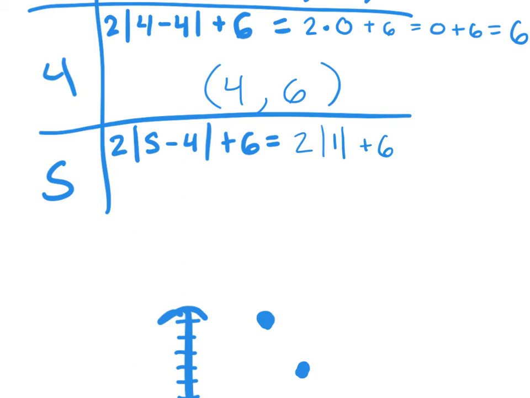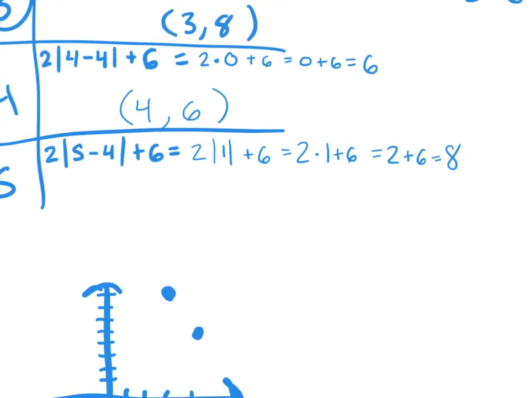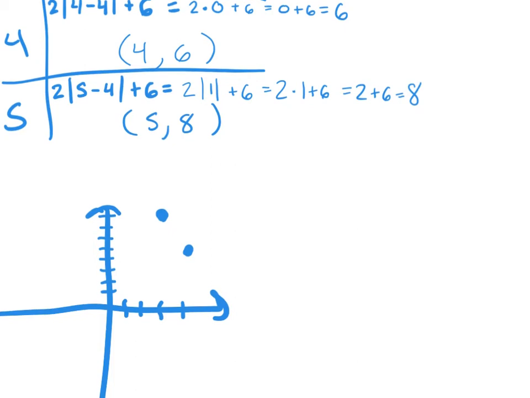Because the absolute value of 1 is just 1, so this is 2 times 1. 2 times 1 is 2. And what's 2 plus 6? 8. So then what's our coordinate point here? 5, 8, perfect. So we go to the right 5 and up 8. Once we have our 3 dots, we can draw our V.